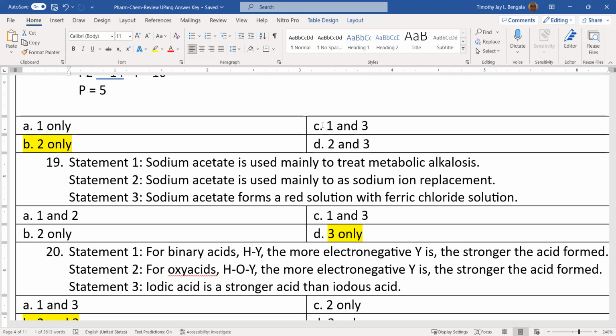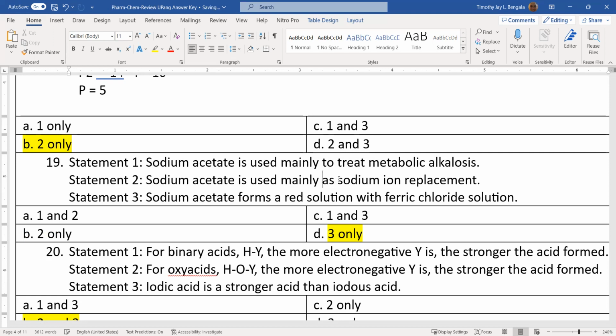So, next is yung statement number 2. For statement number 2, sodium acetate is used mainly as sodium ion replacement.